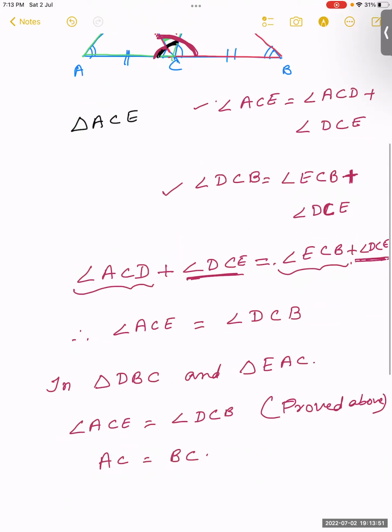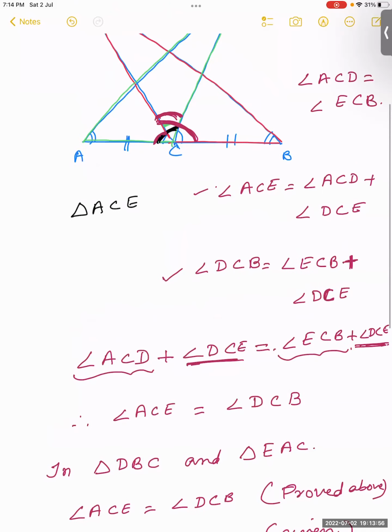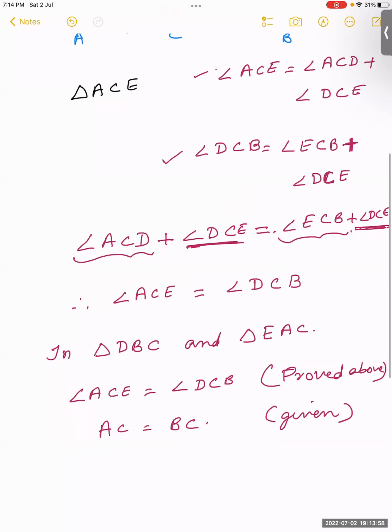AC is equal to BC, that is given to you. Now the third information is angle A and angle B, so you have to say the names properly. Angle EAC is equal to angle DBC. Okay, that is also given to you.